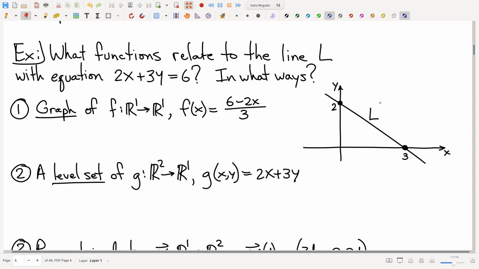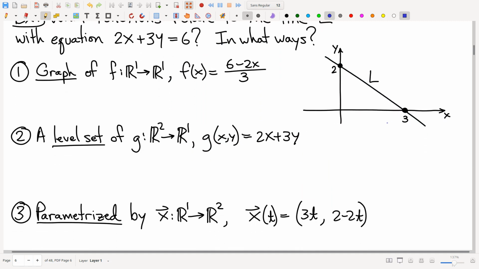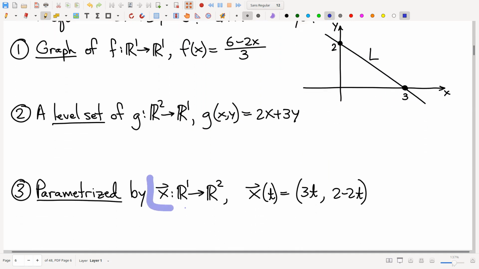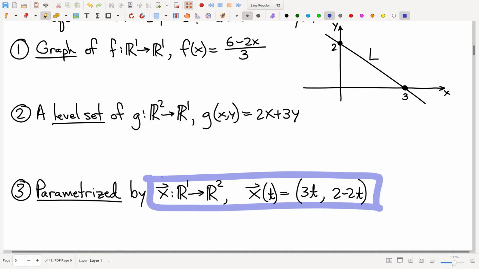Okay, lastly, how do I parameterize this line? What is the function that relates to this picture by way of this idea of parameterization? You may recall this is something we've talked about previously. I'm going to make the observation that this is a point on the line, and then I can look at this difference vector.